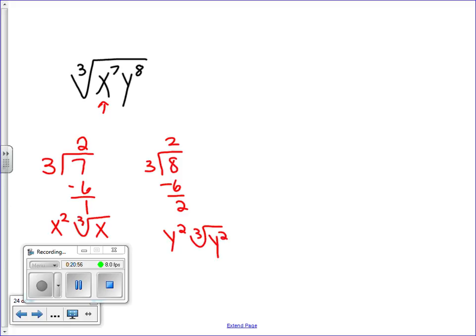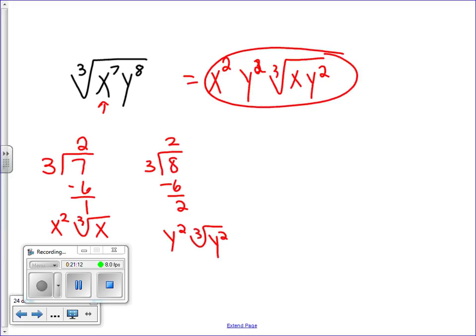Now let's put that together, okay? X squared, Y squared, cube root of X, Y squared. Exactly.